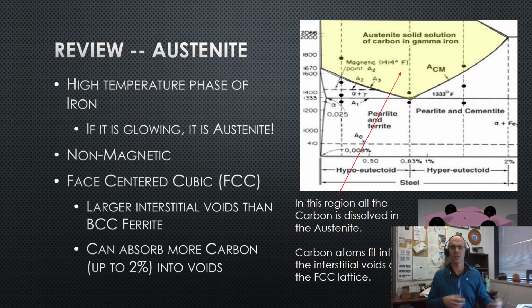You've got those larger interstitial voids. They can hold the carbon in there, and you can diffuse the carbon out evenly. So all of that perlite that existed down at low temperature because we didn't have room for the carbon is now dissolved, if you give it some time, and formed a very even mixture throughout the solid iron.